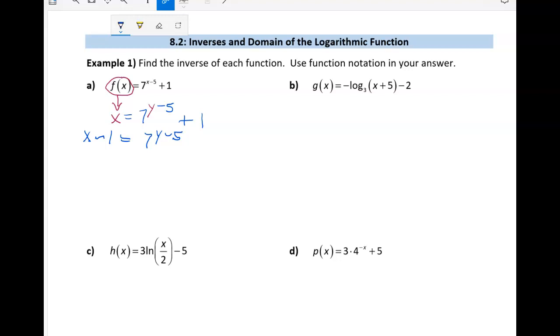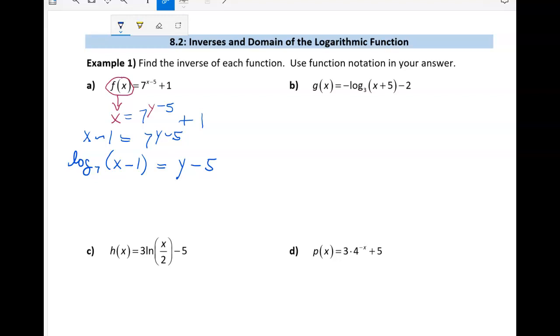And now we're going to undo the 7 to the power of y minus 5. The way to undo an exponential expression is by putting it in logarithmic form. The base of this logarithm is base 7. So log base 7 of x minus 1 is equal to the exponent y minus 5. Remember that when you write a logarithm, it's equal to the exponent.